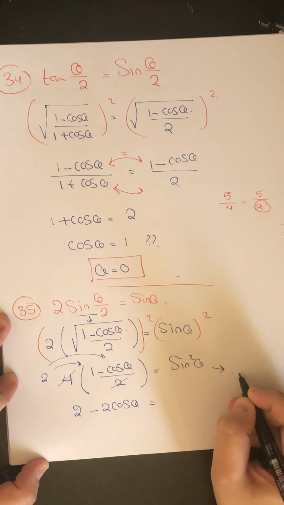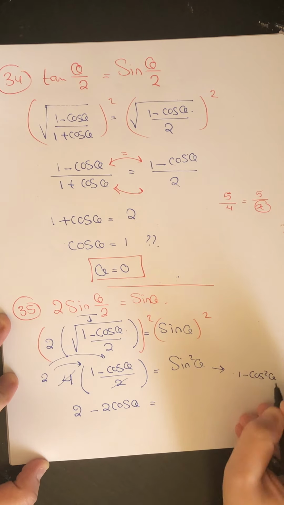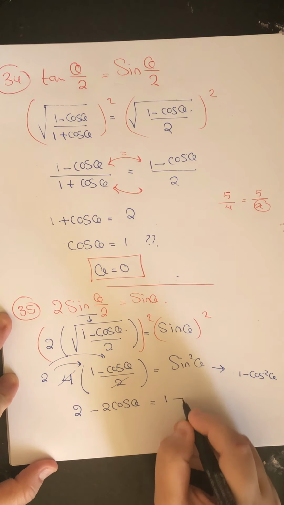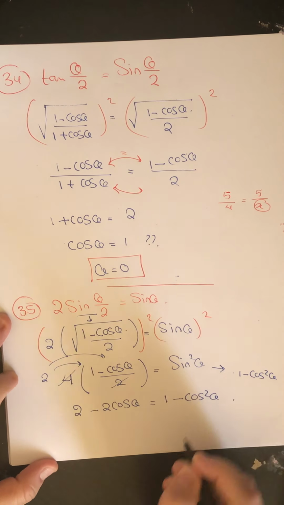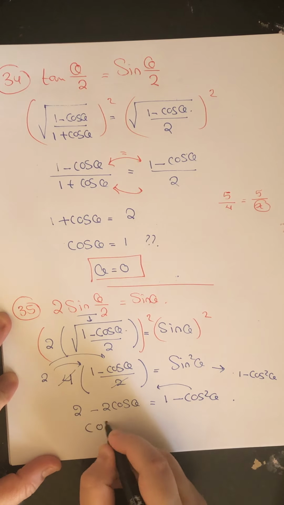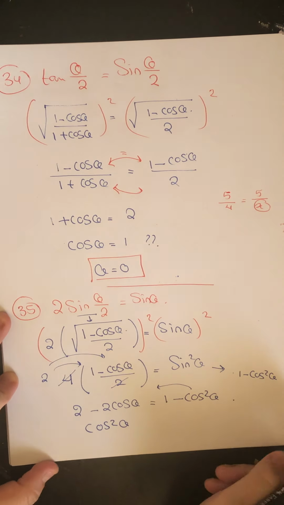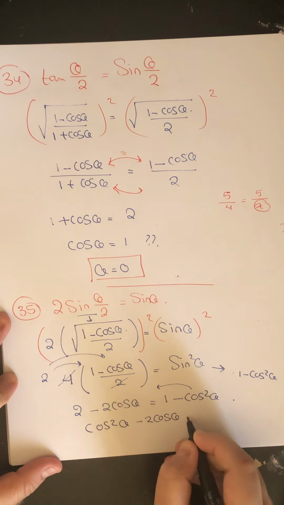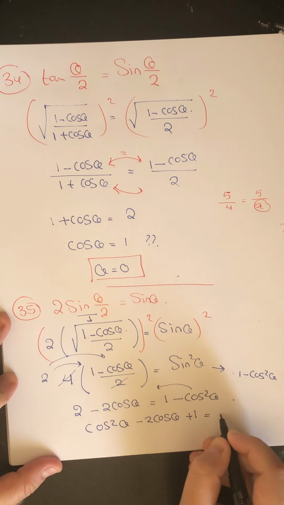I think it's right time to change this to 1 minus cosine squared theta to have them all in cosines. 1 minus cosine squared theta. I would prefer to keep this positive, so I'm going to take it to this side. It's going to be cosine squared theta minus 2 cosine theta plus 1 actually equals 0.